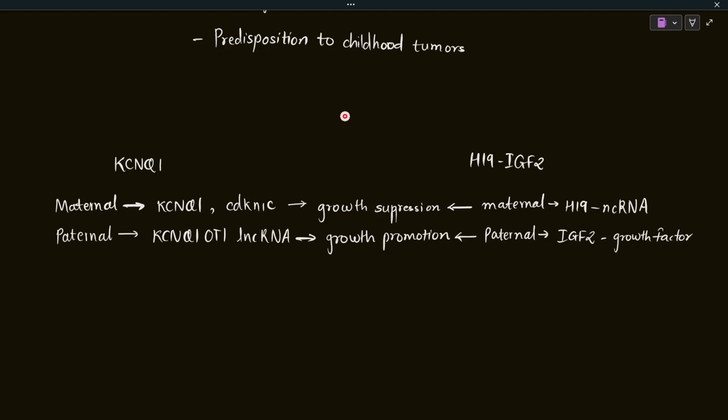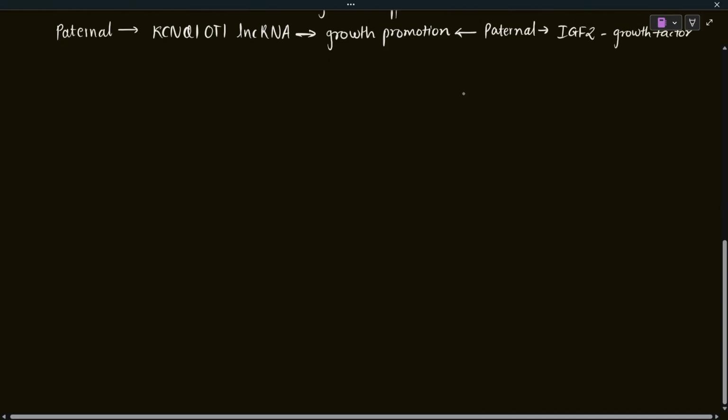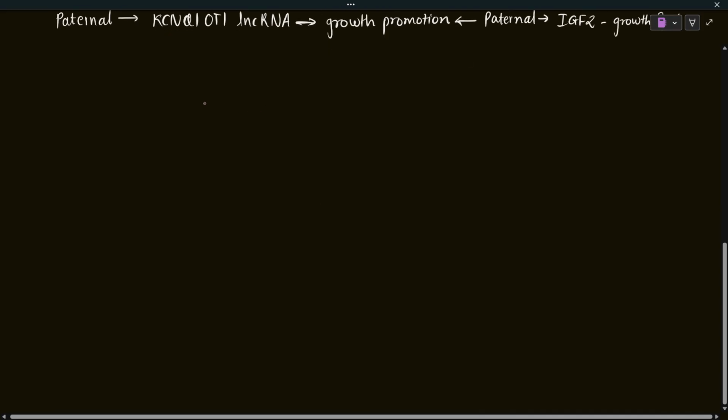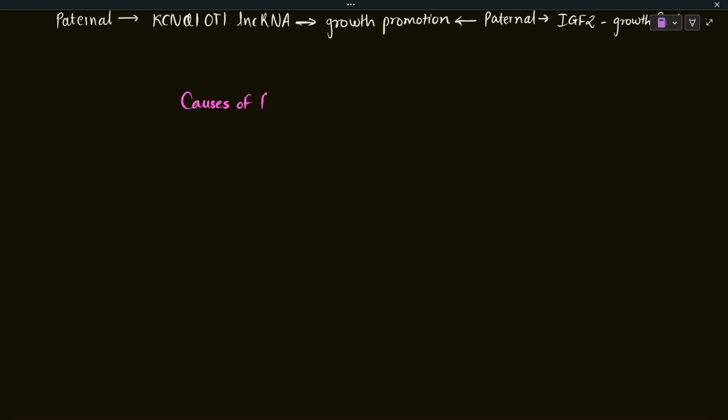So, let's list down the causes which lead to Beckwith-Wiedemann syndrome one by one. This is a genetic as well as epigenetic disorder, meaning certain mutations in certain genes can lead to Beckwith-Wiedemann syndrome.